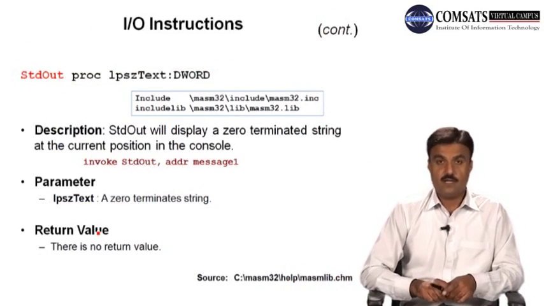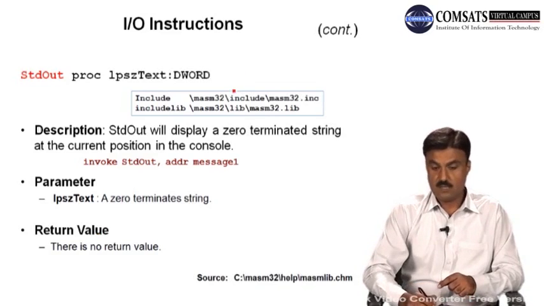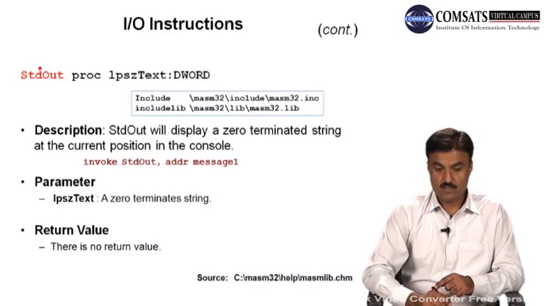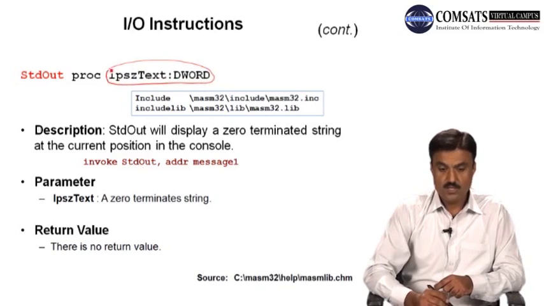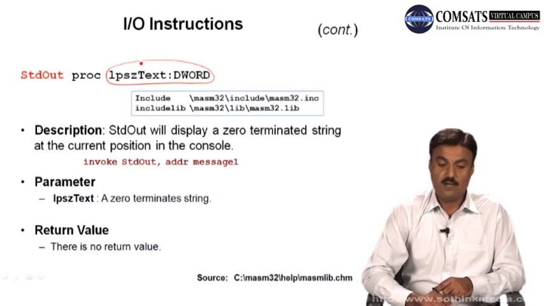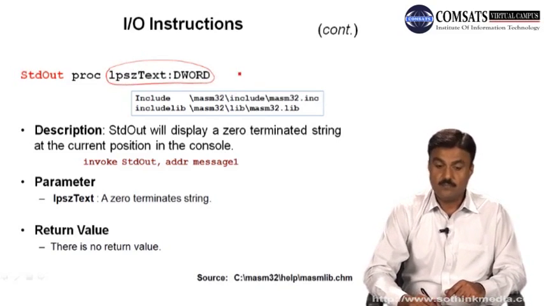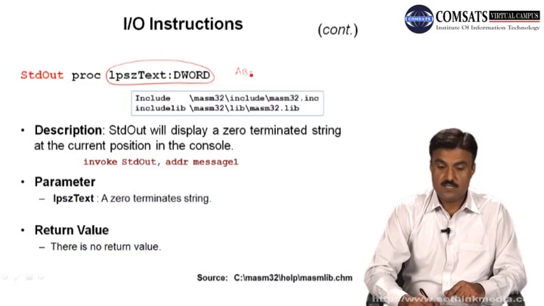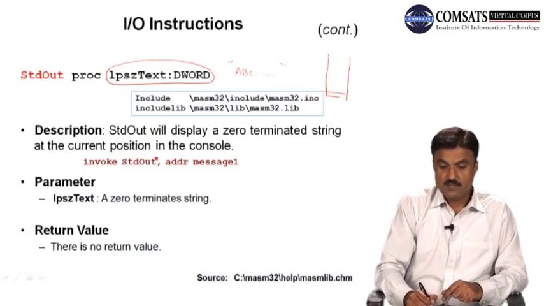Then the next instruction is for the output, that is called stdout. The same instruction, but here whatever the buffer is where your text is stored, you can print that or send that text to the output device. Now, our text is A, B, C and so on, stored somewhere inside the memory, but here we pass the address.